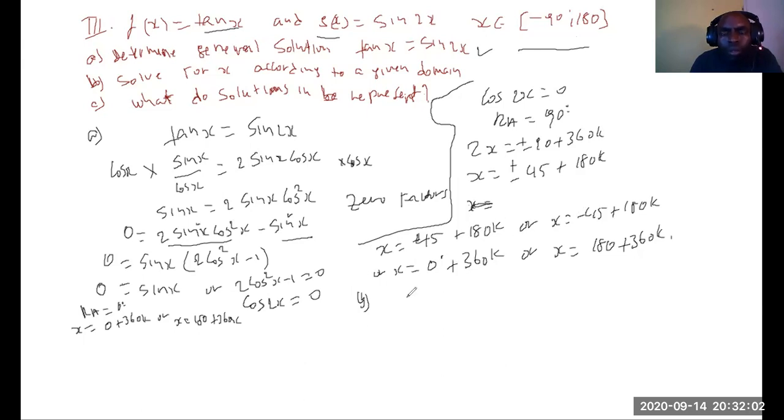Let's put 0, we get 45, and then minus 45, then 0, and then 45.